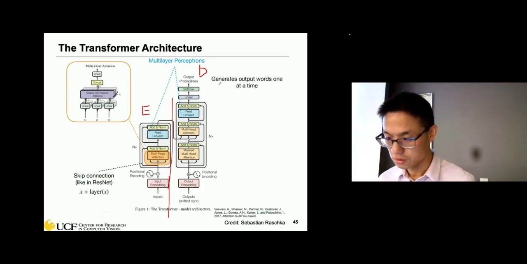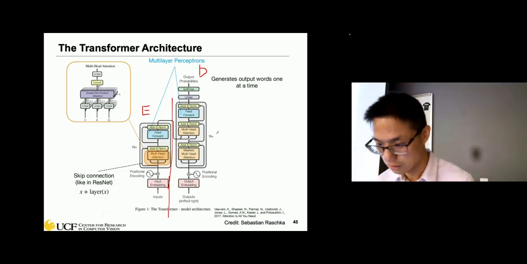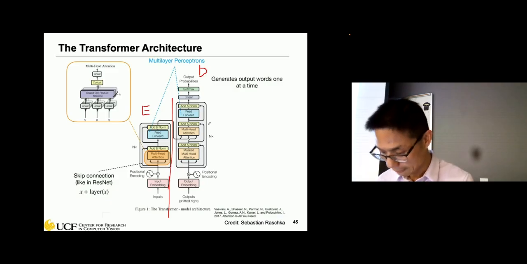Then you also have a decoder, which uses multiple blocks of self-attention to decode the encoded features into a different language. So you have this decoder to decode all this information.